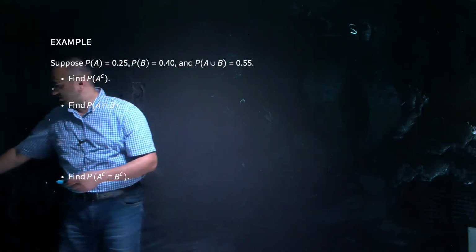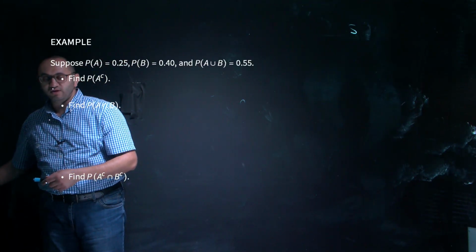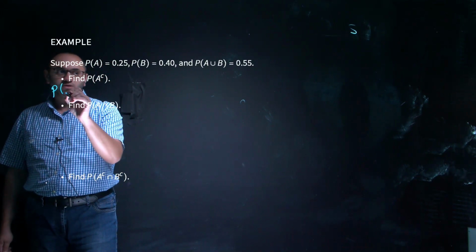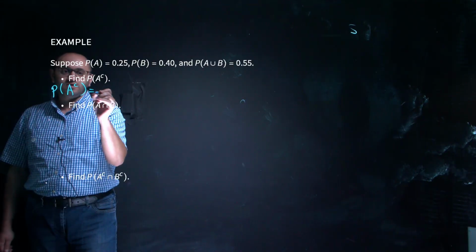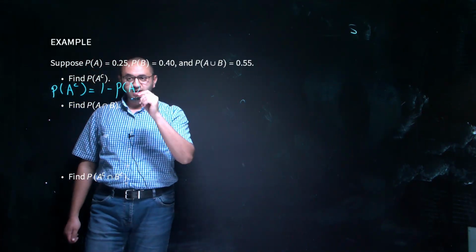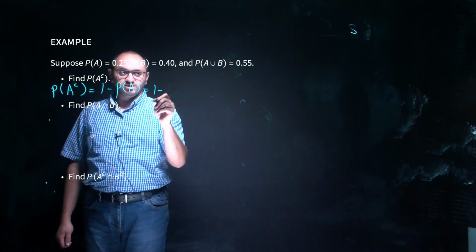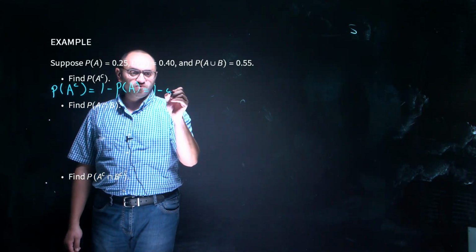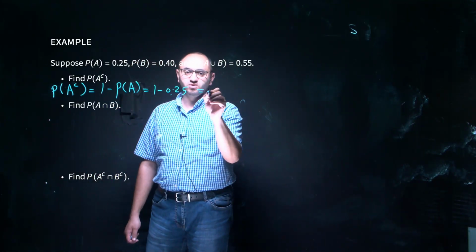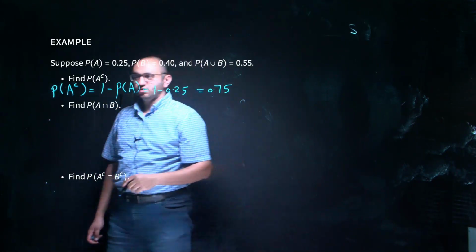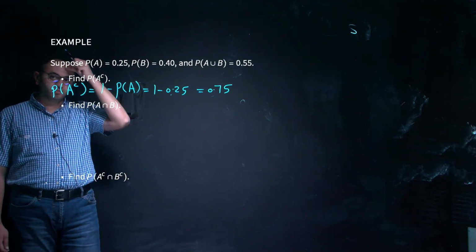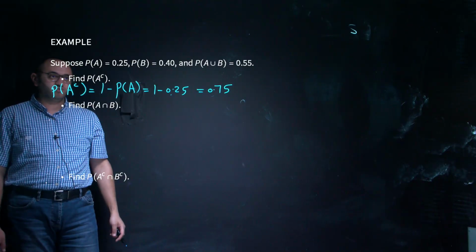Probability of A plus probability of A complement equals 1, or probability of A complement equals 1 minus probability of A. Probability of A is given, which is 0.25. So 1 minus 0.25 equals 0.75, or 75%.